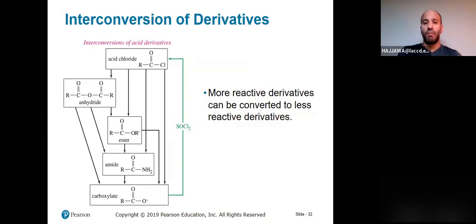So that's important to keep in mind, that we're going to be going over a lot of reactions in this chapter, but the good thing is that a lot of those reactions are repeated. In one section, we will be looking at it as a method of prep. In another section, we'll see it as a reaction of that functional group.